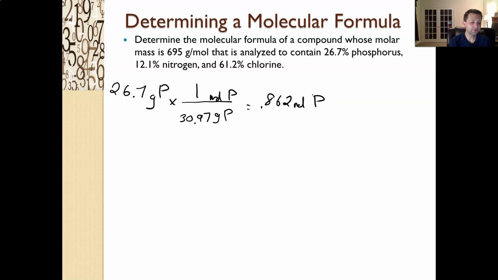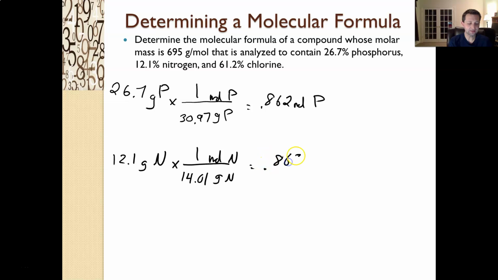Okay, moving on, we do nitrogen. 12.1 grams of nitrogen. Cancel out grams of nitrogen, go to moles. 1 mole of nitrogen is 14.01 grams, and that gives us 0.863 moles of nitrogen.